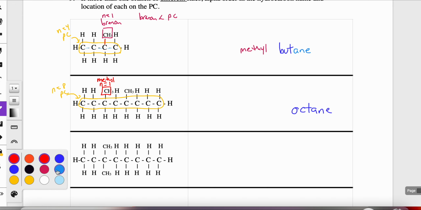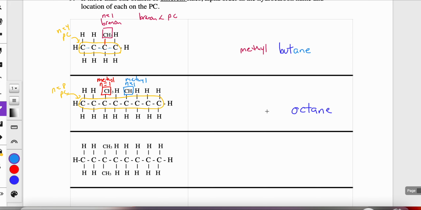So I know that this is a methyl. And as I keep looking across, I notice that there's another carbon that's not part of the parent chain. It's on a different location, and its n number is also 1. So this would be another methyl.